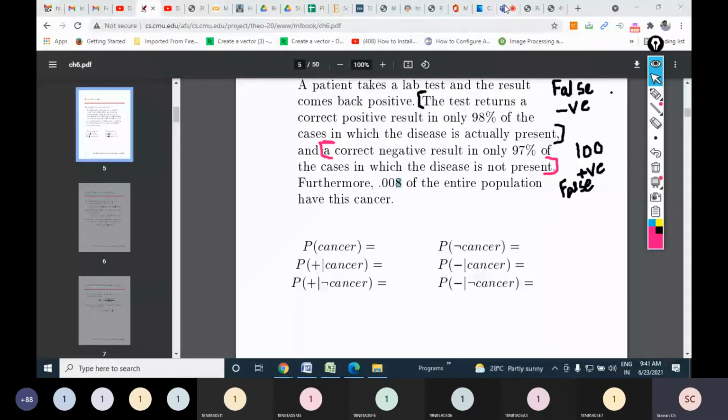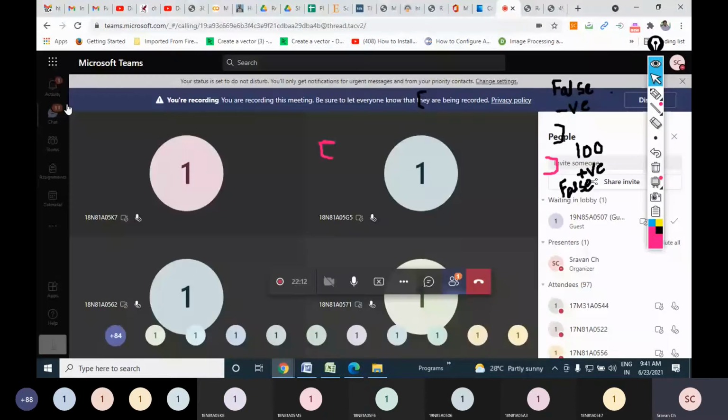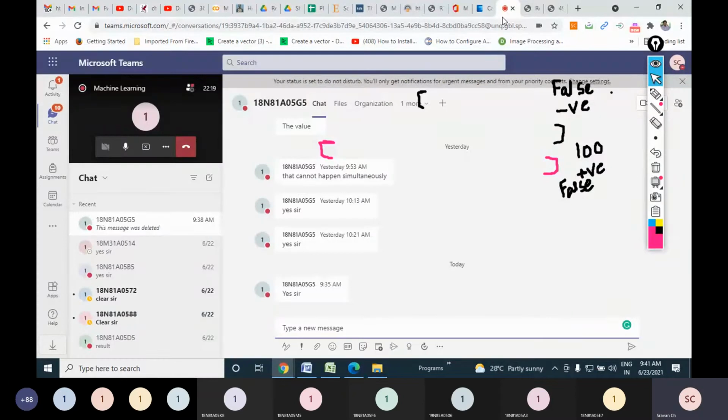Before we actually begin, if you have any doubts about the words false positive and false negative, please ask. Shall we solve the problem? Anybody has any confusion, please let me know before we solve this problem.